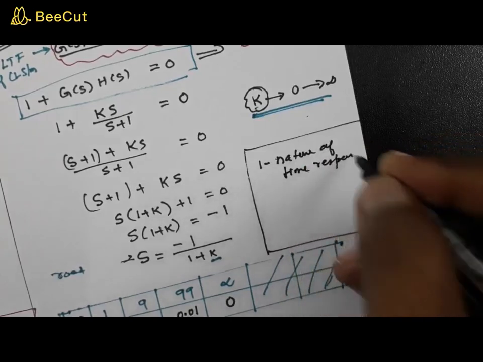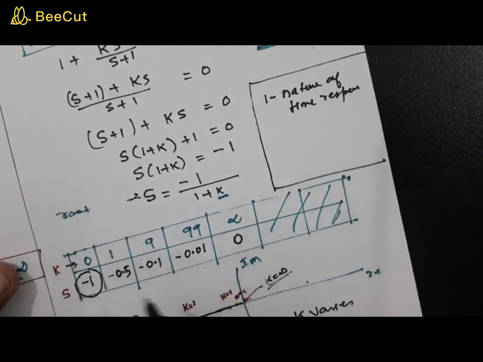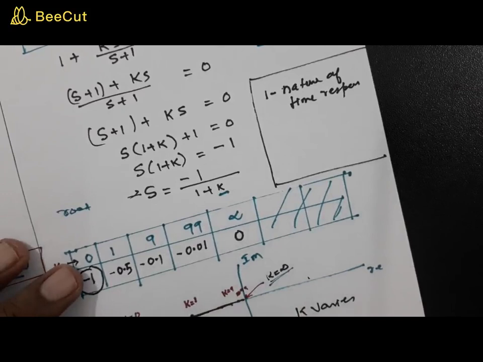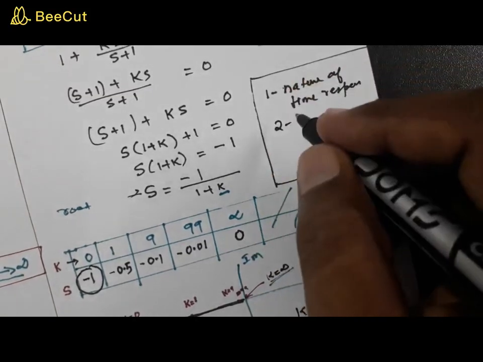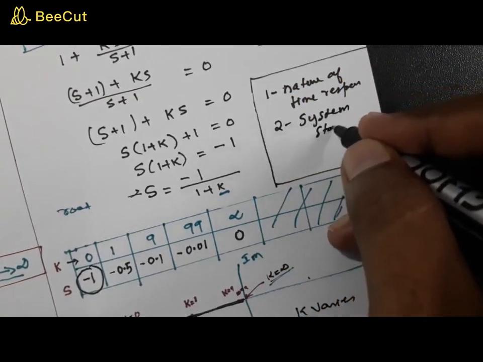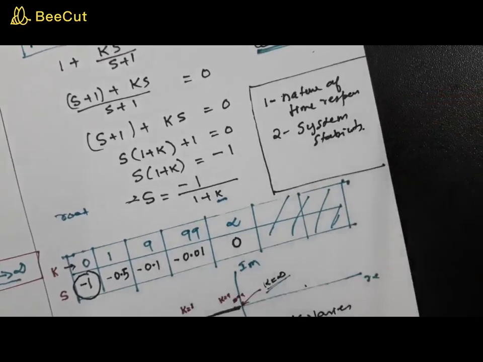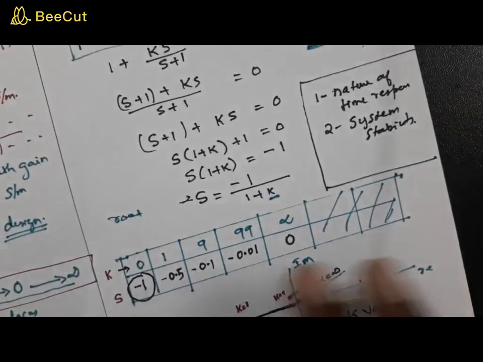As it moves along this, we have seen that this is the case where there is no oscillation, an overdamped system. Another thing is that it will also say something about the system stability. The restrictions that you can put for system stability, you will understand in the later examples.